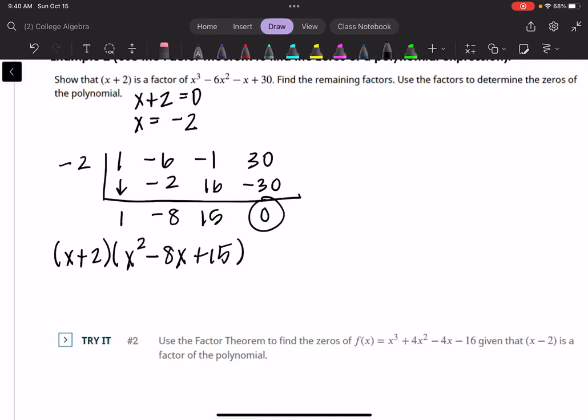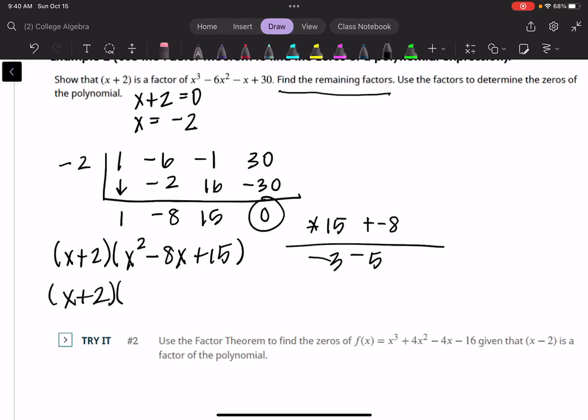From there, we can find the remaining factors just using normal methods. So I can actually just factor this by finding numbers that multiply to +15 and add to -8, just like we have done a million gazillion times. That'll be -3 and -5. And so then I can write the remaining factors, which would be x minus 3, x minus 5.